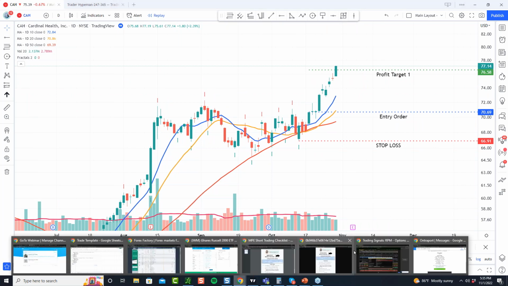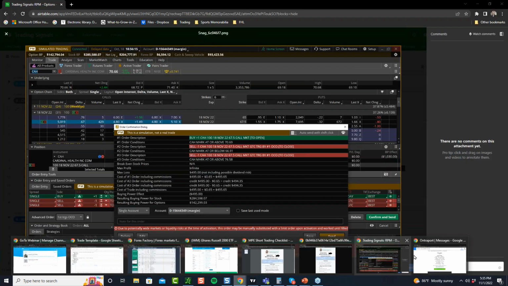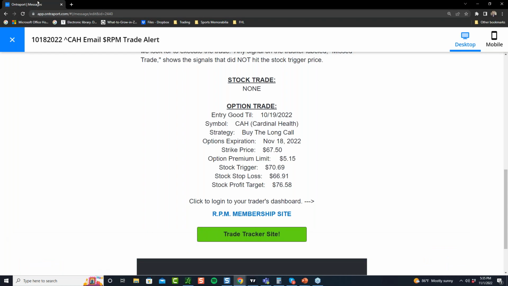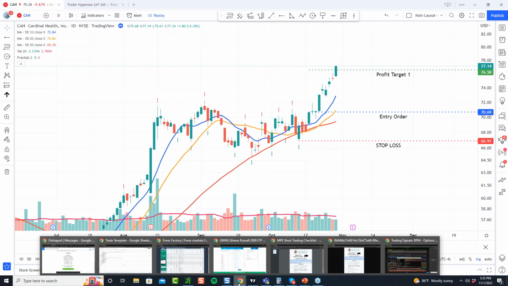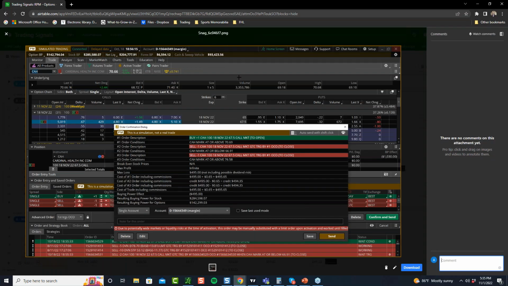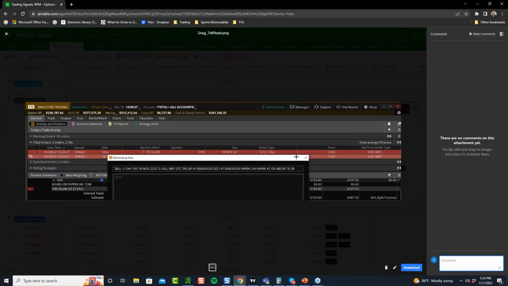Inside of the tracker, you can also see the exact ticket of the exit. So here's the actual closing ticket. See, this happened at 10:25 on 10/28, 10:25 in the morning.